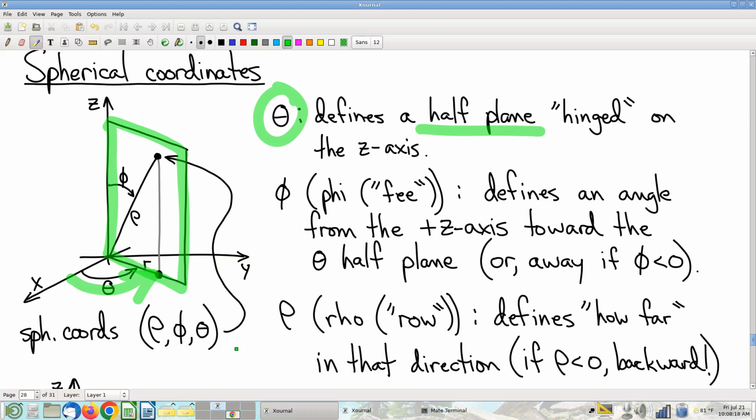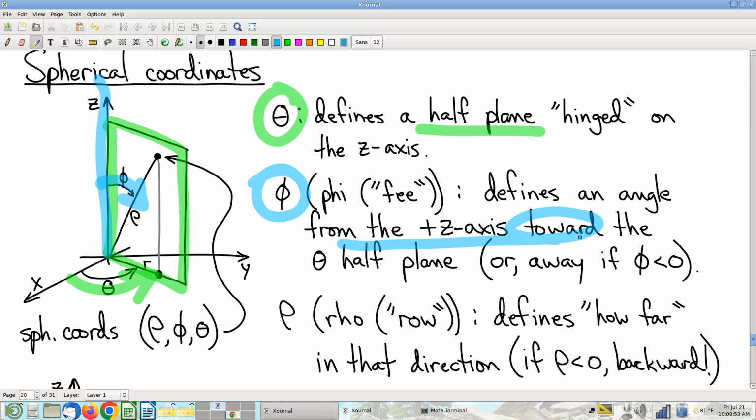Okay. The next thing we're going to do, we're going to define another angle. This next angle is called phi. It's measured from the positive part of the z-axis. It indicates an angle that is in the theta half plane and where the positive direction of phi is toward that theta half plane.